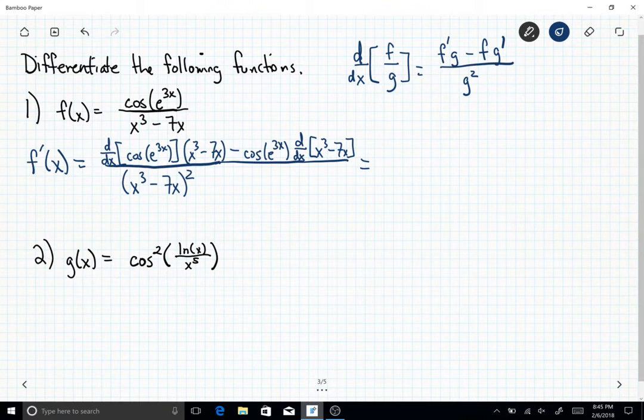Okay, so when you take a look at this, notice that first one, you have an outer function and an inner function. The outer function is actually a cosine, so no longer a power rule right out the gate.